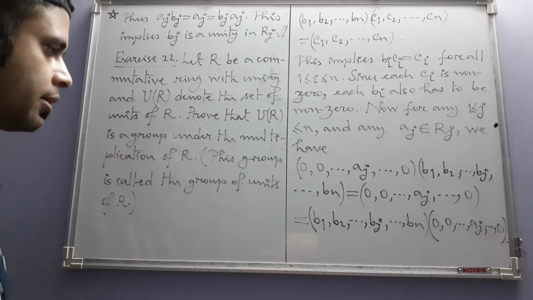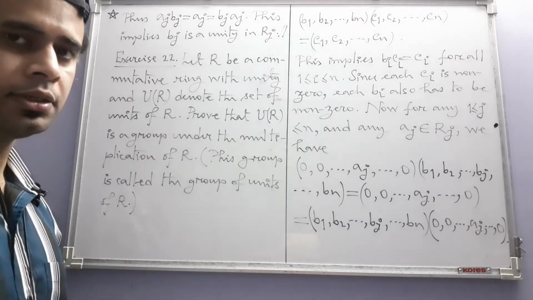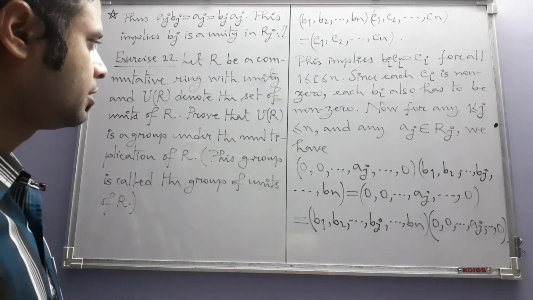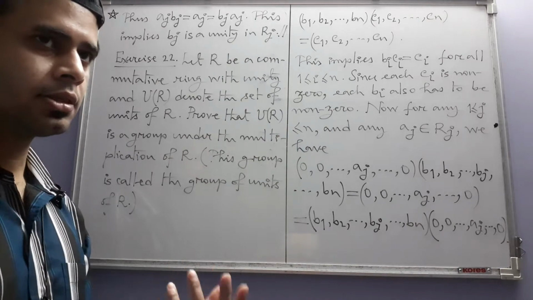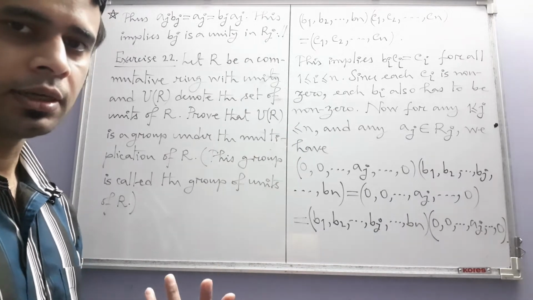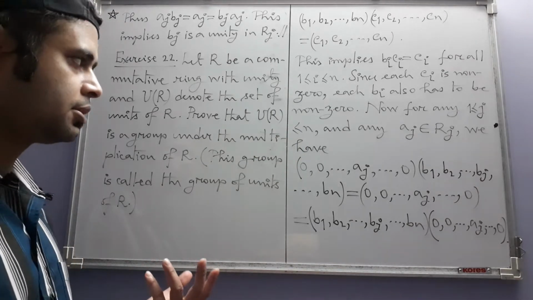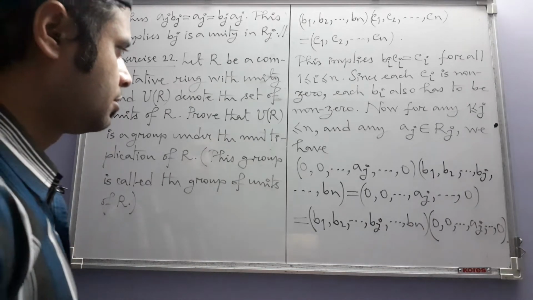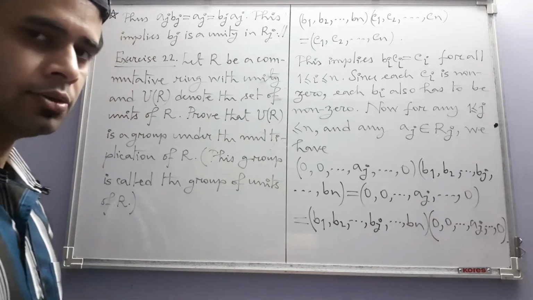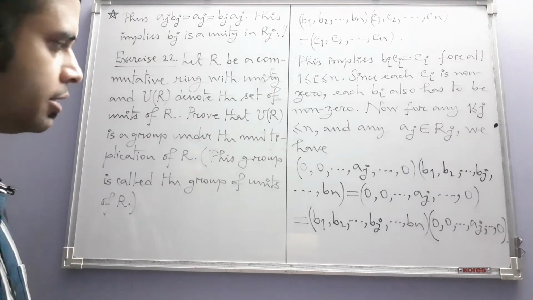So that means a commutative ring with a unit element is given to us, and in it we are considering this set which consists of all the units in R, that is those elements which have multiplicative inverses again in R. That we have to prove is a group under the multiplication in the ring.